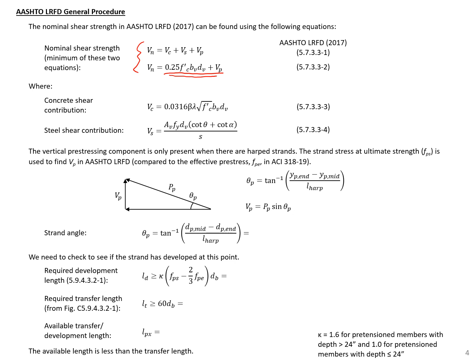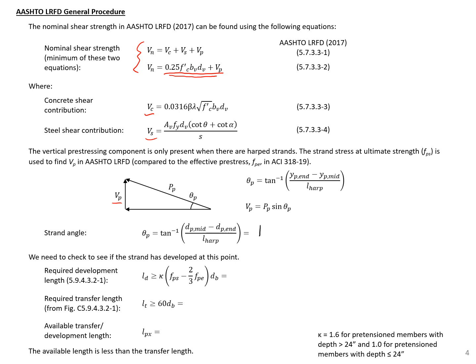So we can calculate our Vc, our Vs, and our Vp components. We'll only have a Vp component if we have harped strands, which we do in this case. So to find our Vp component, we'll need to find the strand angle.